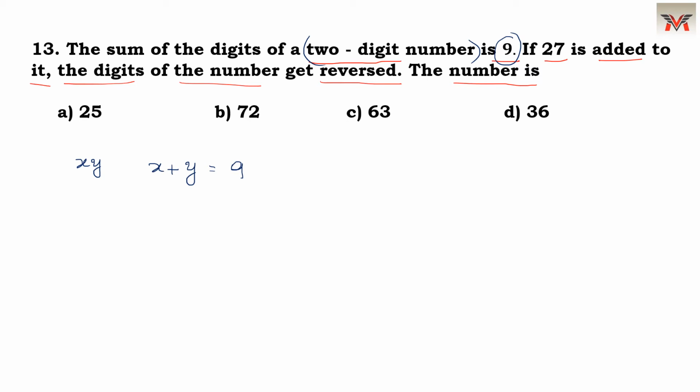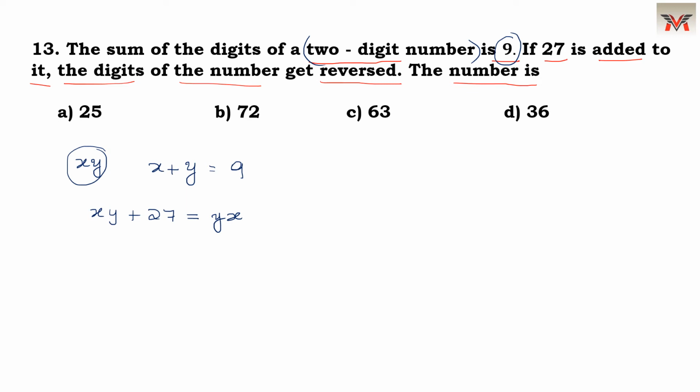And if 27 is added to the number, that is, if I consider the number as xy and add 27 to it, what happens? The digits will get interchanged, that is, it becomes yx. Okay, so now we can go with the trial and error method.